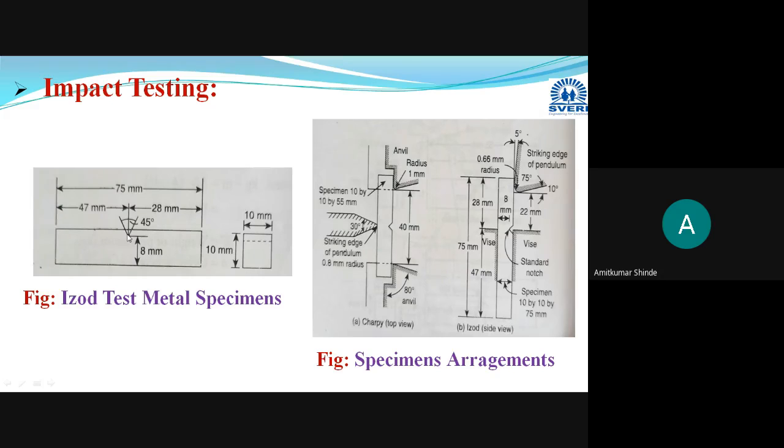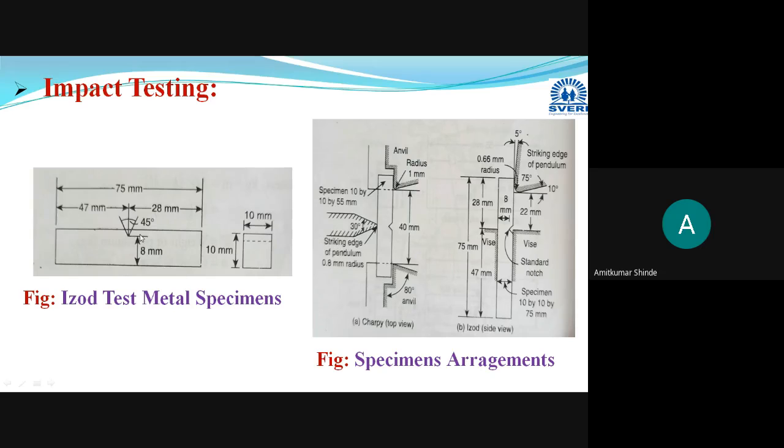In the Charpy impact test, three types of notch are used depending on the type of the material. Here in the Izod test, only a V-shaped notch is used. This notch is created at a length of 47 millimeter from one corner, having 2 millimeter depth.